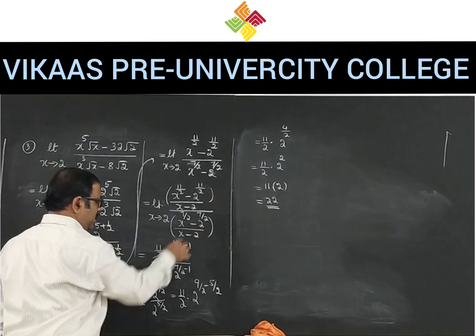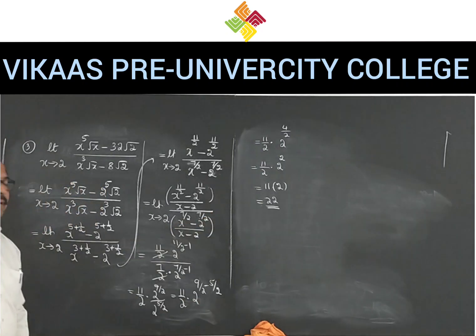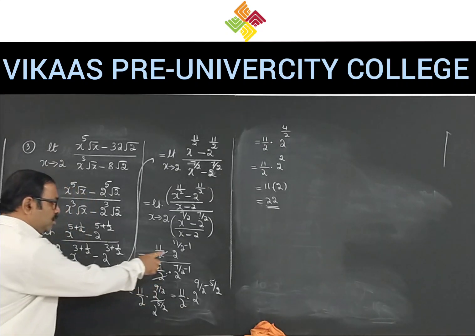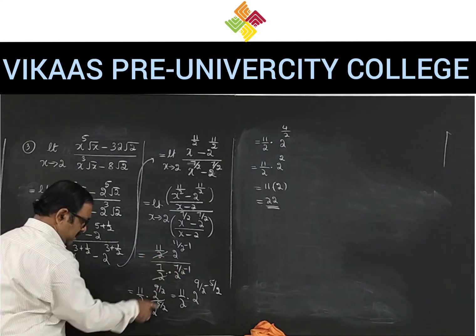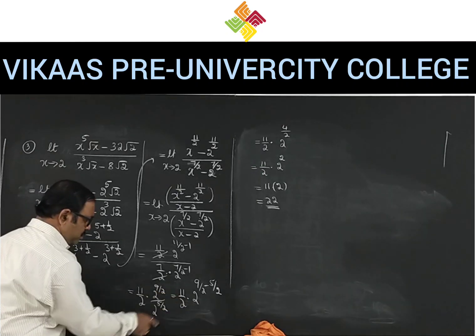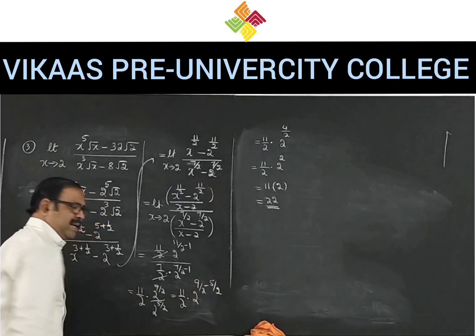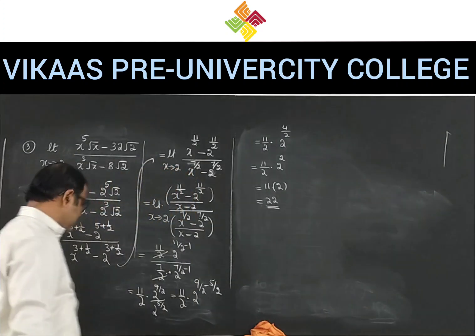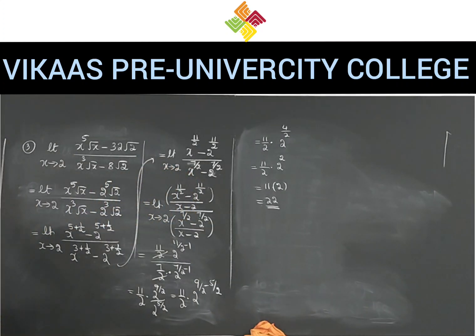Similarly, 7 by 2 into 2 power 7 by 2 minus 1. Finally, the 2 cancels. 11 by 2 into 2 power 9 by 2, over 2 power 5 by 2. That is 11 by 2 into 2 power (9 by 2 minus 5 by 2), that is 4 by 2. So finally we get the answer as 22. Follow this.